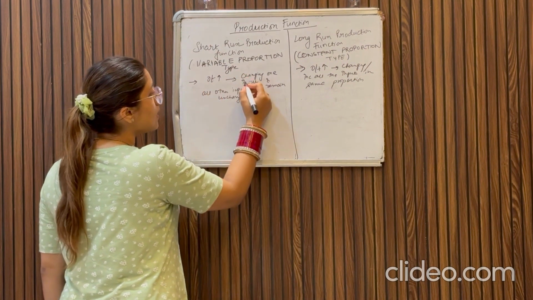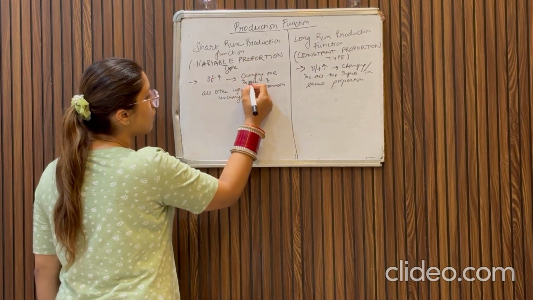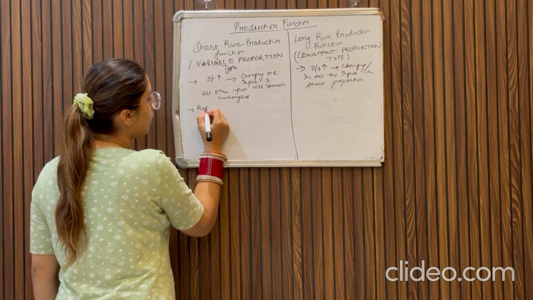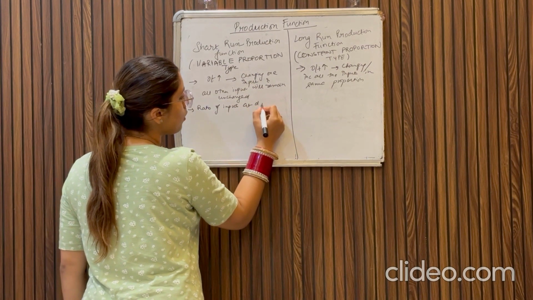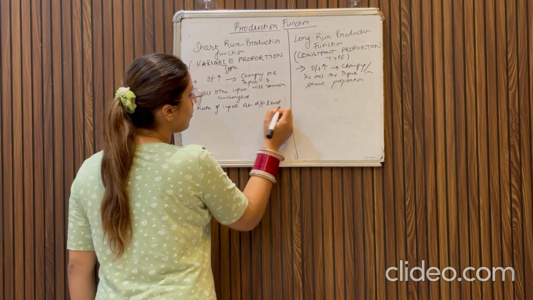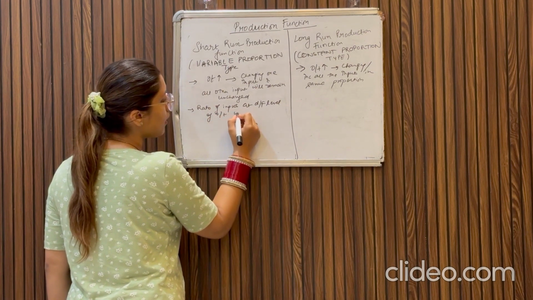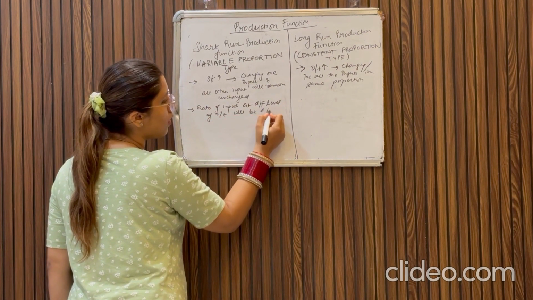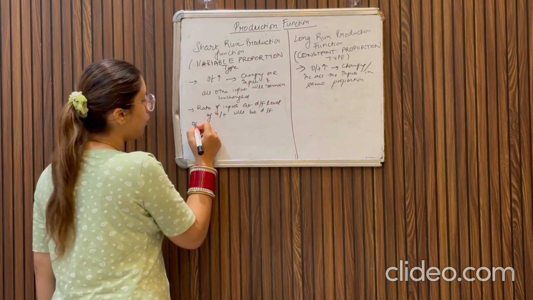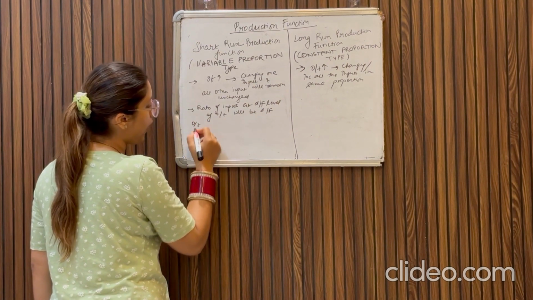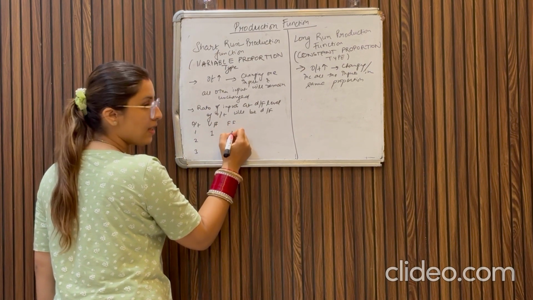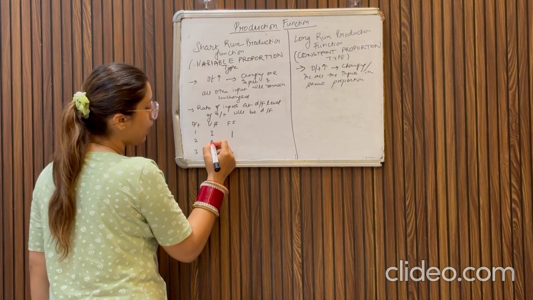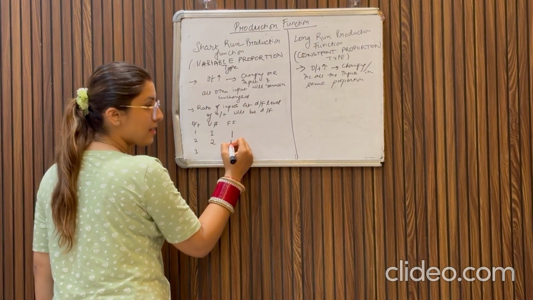So when we are increasing only one input in the short run production function, the ratio of inputs at different levels of output will be different. For example, at output level 1, we have variable factor as 1, fixed factor let's say 1. At level 2, our variable factor is 2, fixed factor is again 1.